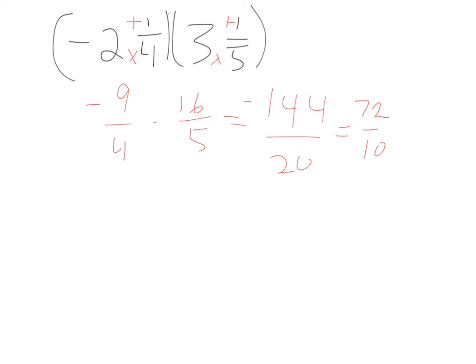You divide both of those by 2 again, and you'll end up getting 36 over 5. And then you have to say how many times does 5 go into 36. That'll be 7 times. So you have negative 7, and there'll be 1 left over. So negative 7 and 1/5. Let's go to the next one.